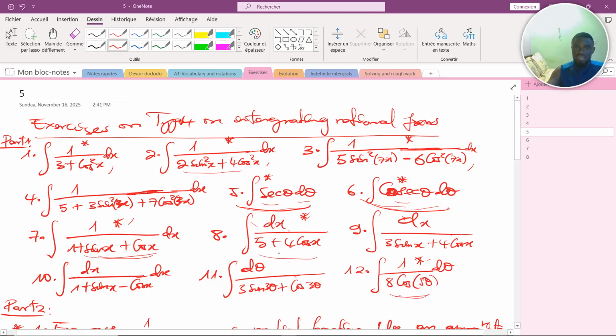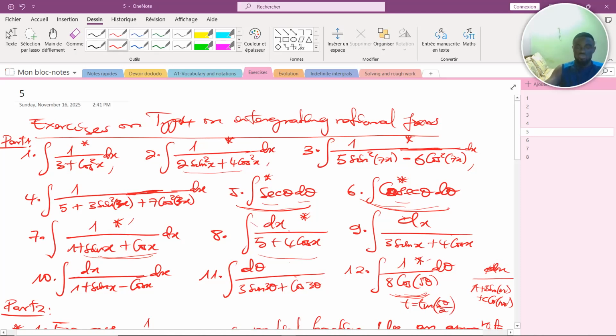Remember, these are integrals of the form dx on a plus b sine nx plus c cos nx. So here the substitution for this one will be t equal to tan of nx divided by 2. Our nx here is 5 theta, so 5 theta divided by 2. You get what I'm saying?